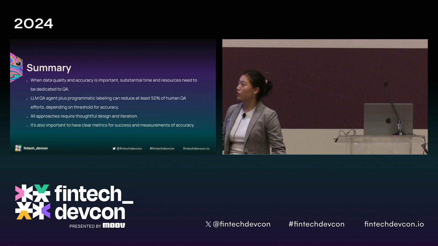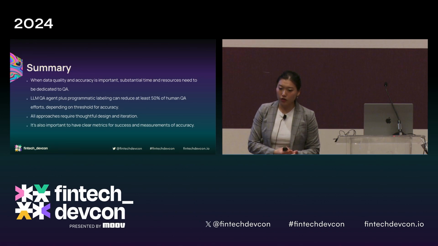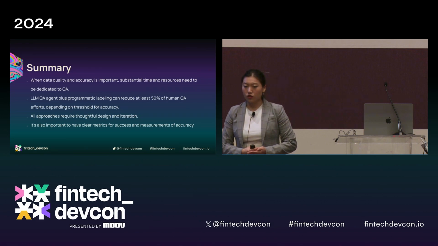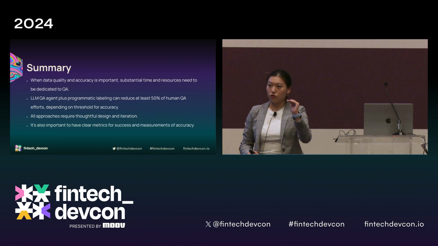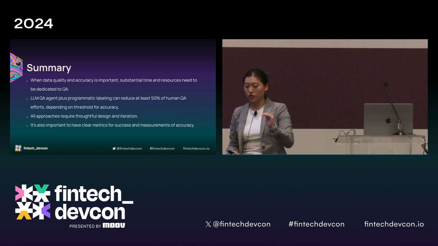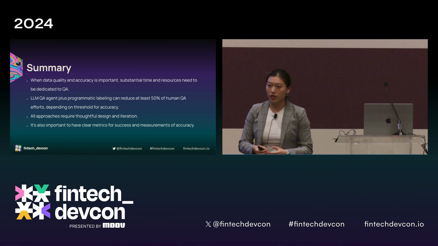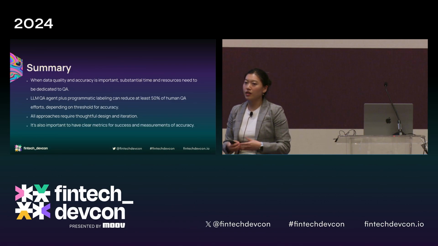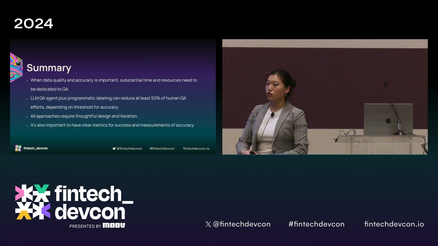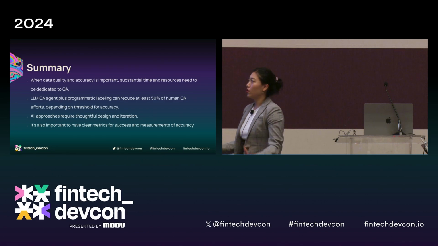All approaches require thoughtful design and iteration, which means, as you can see, for our human labeling and our QA agent labeling, we document specific rules, standards, and instructions for them. That's what you need to design thoughtfully beforehand. And for the iteration part, it makes sense to combine all those three methods together to achieve the optimum QA accuracy.